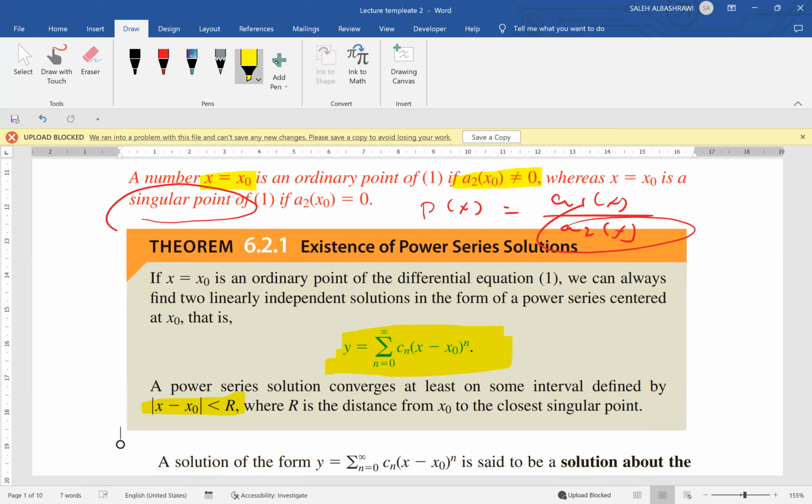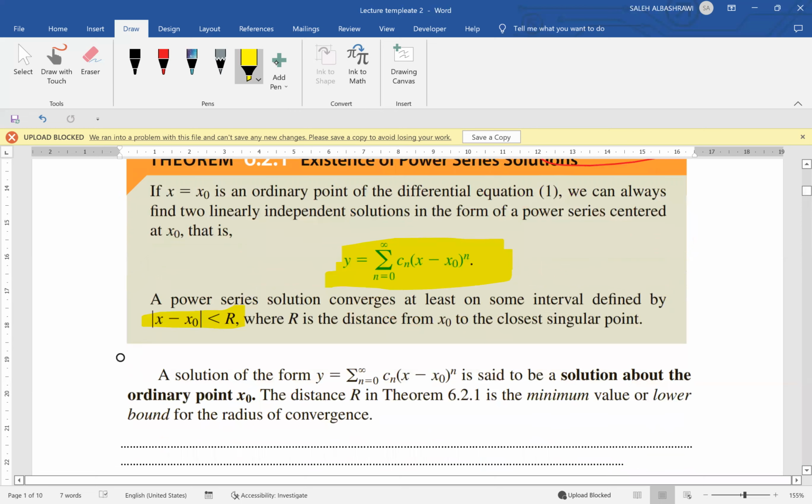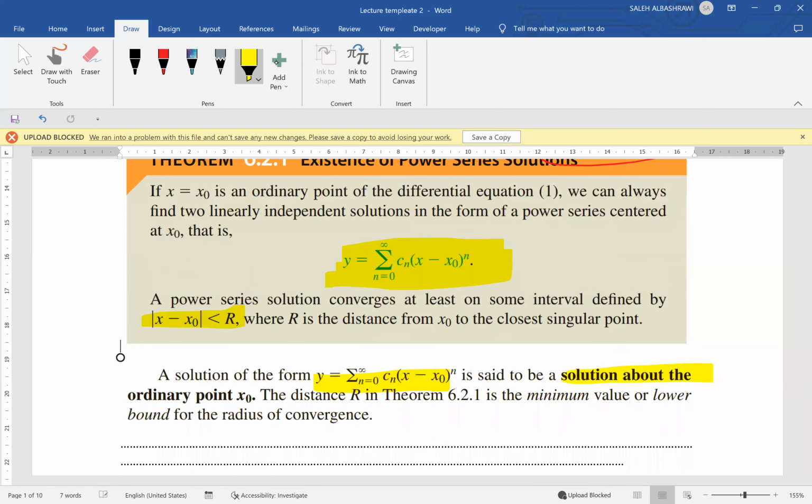If we don't have a singular point, then the interval will be from minus infinity to plus infinity. A solution of this form is said to be a solution about the ordinary point. And the distance R is the minimum value, or lower bound, for the radius of convergence.